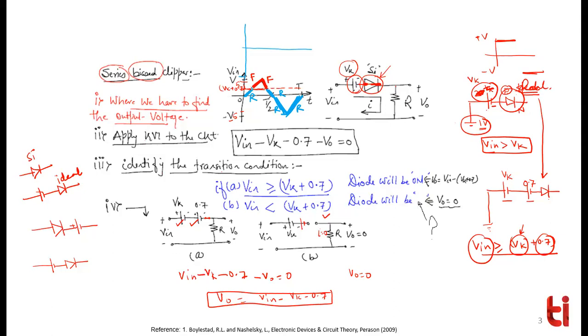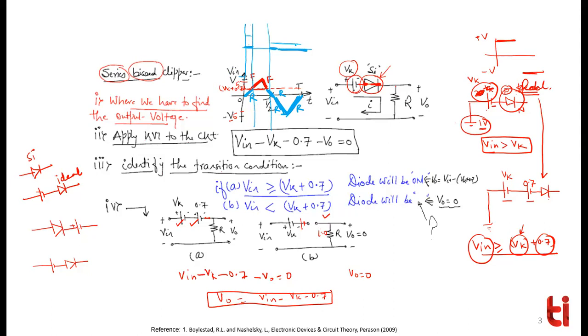Let's draw the vertical line which separates forward and reverse. Before this line the diode is in reverse, and on the right side of this line also the diode is in reverse. So make it 0 here, 0 here, and 0 in the negative half cycle.